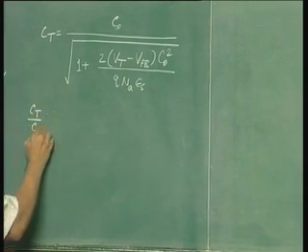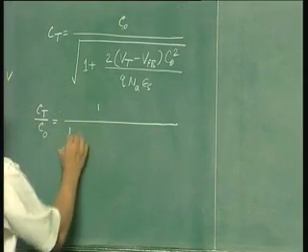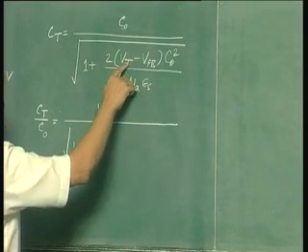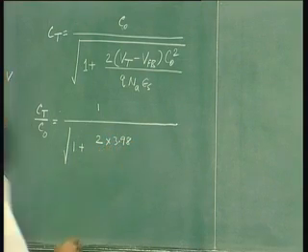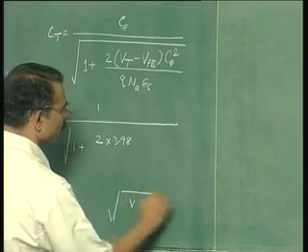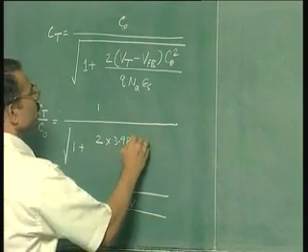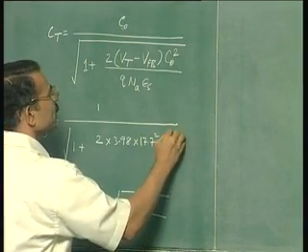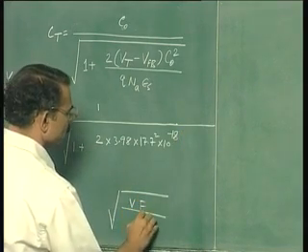Ct by C naught is equal to 1 over square root of 1 plus 2 into Vt is 1 volt, VFB is minus 2.98 volts. So this is 3.98 volts. We must put the units here simultaneously. Into C naught square, that is 17.7 square into 10 power minus 18 farad per centimeter square, square of this.